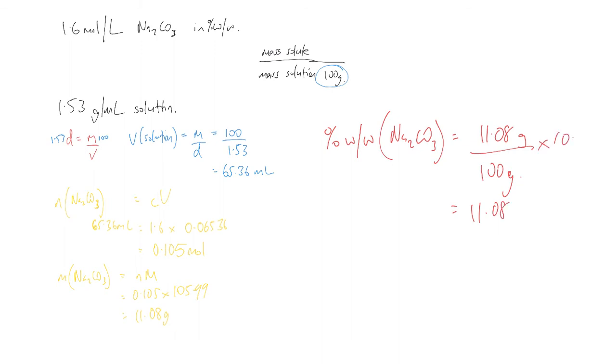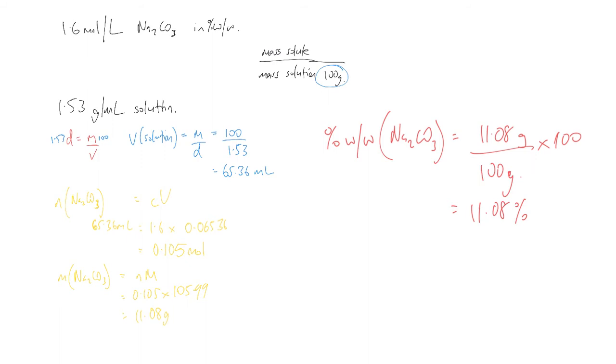And because this is a percentage, it's times by 100, which gets you the same value. That is percentage weight for weight. So the main idea is that you have to use your density to work out the masses of stuff for parts per million and weight for weight.